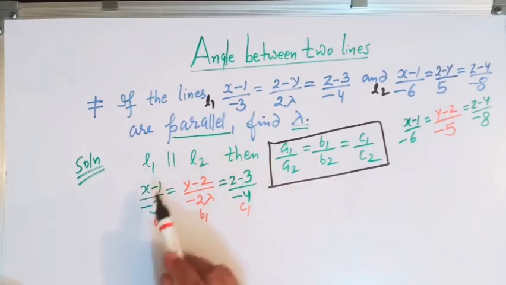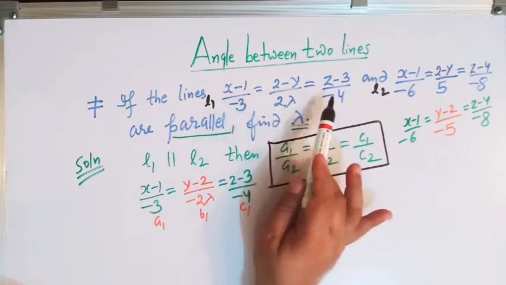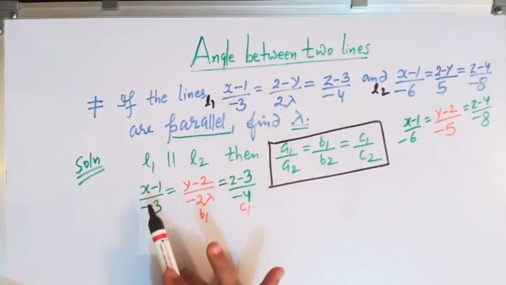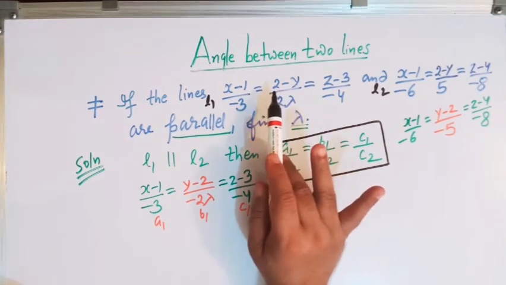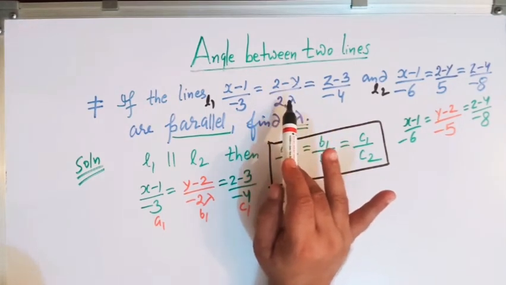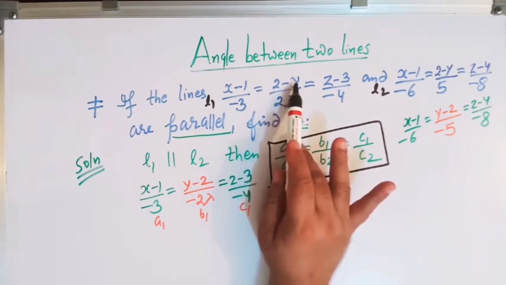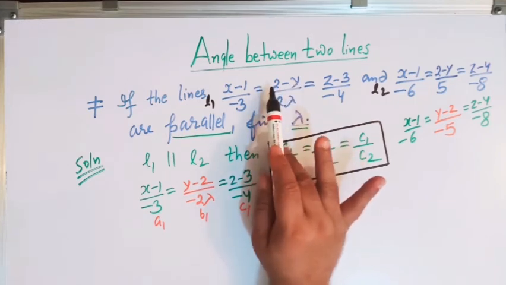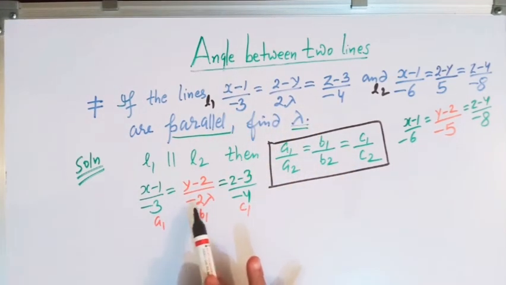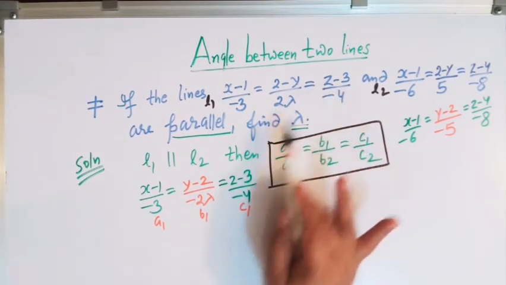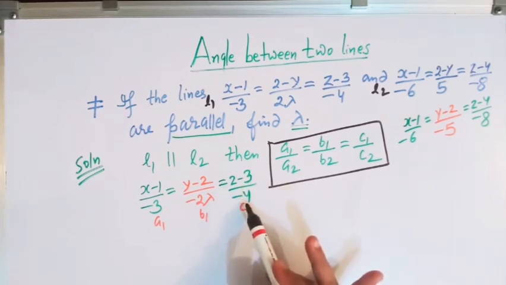Now here we have the first line L1, that is x minus 1 divided by minus 3, but here we have 2 minus y, so we have to reduce it into the standard form, so we must make it y minus 2, taking the negative sign to the denominator, and then we have z minus 3 divided by minus 4.